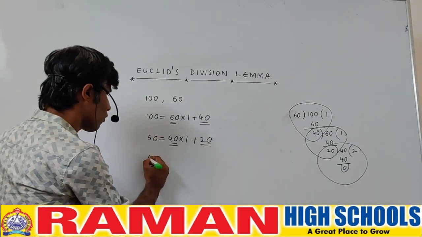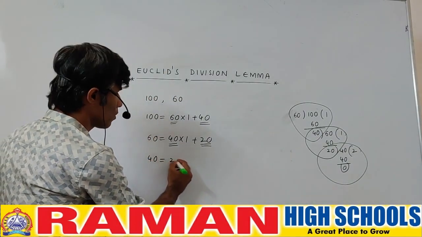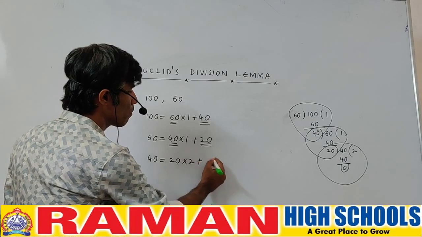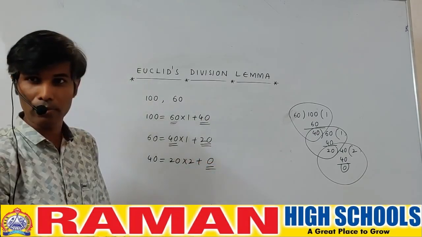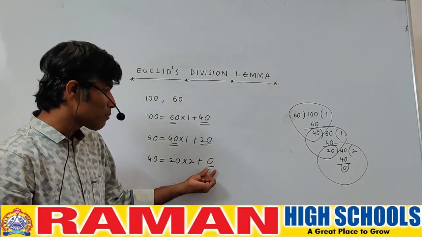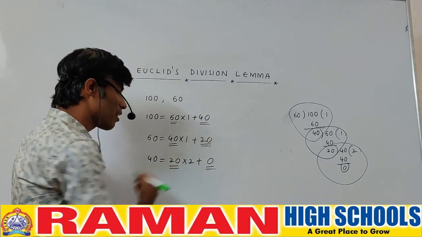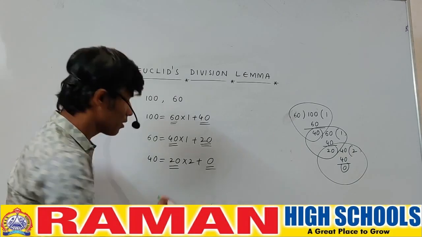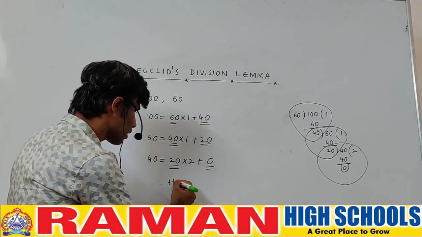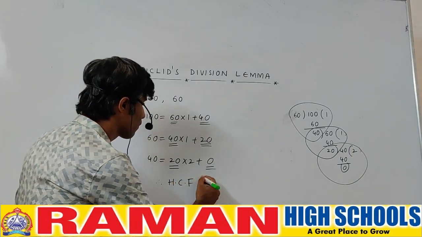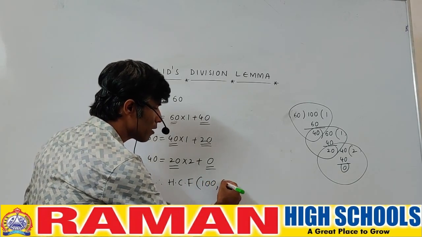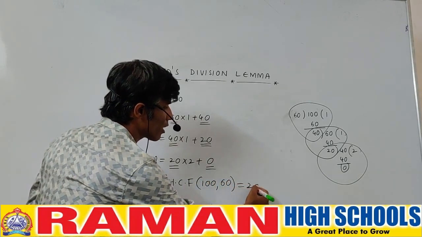That is 40 equals 20 into 2 plus 0. Here the remainder is 0. If you observe the remainder as 0, the divisor you are getting here is called the HCF. Therefore, the HCF of 100 comma 60 is equal to 20.